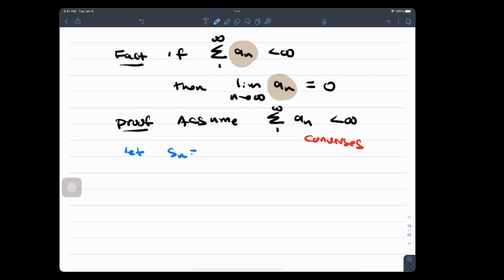Sn is a1 plus a2 all the way up to an, and that's the sequence of partial sums. I should say consider that sequence of partial sums, not let, though your book might use the word let. It's better to just say consider this.